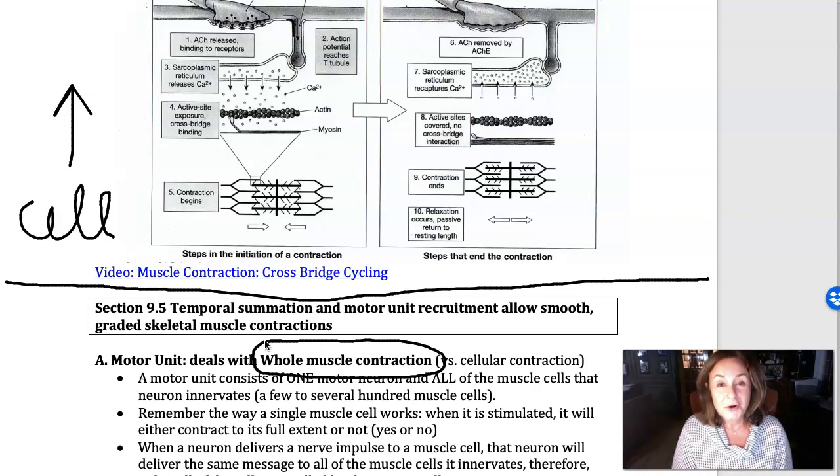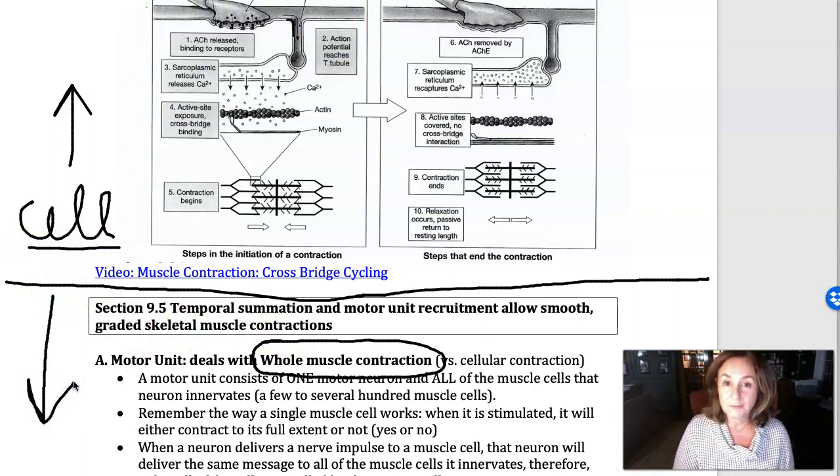And so, believe it or not, the dynamics of the whole muscle are different than the dynamics of the cell. Okay, so here we're just talking about a single cell, but from here on out, today's talk and this part of the notes is about how a whole muscle works, not a cell, the whole muscle.